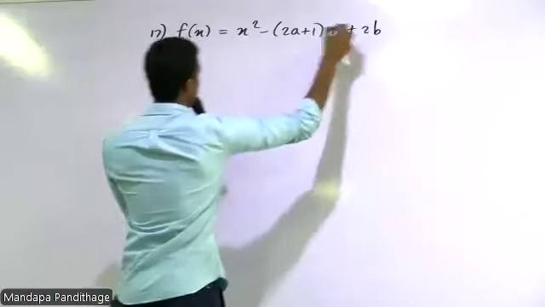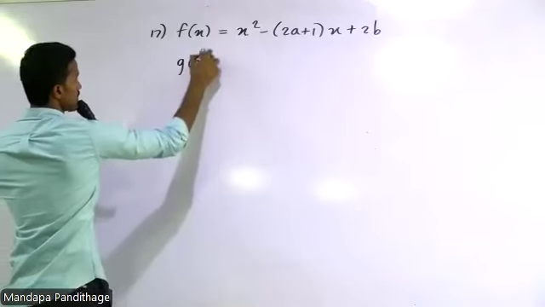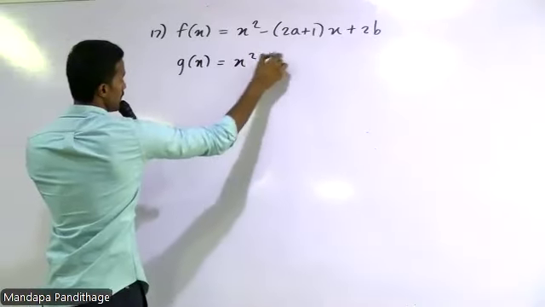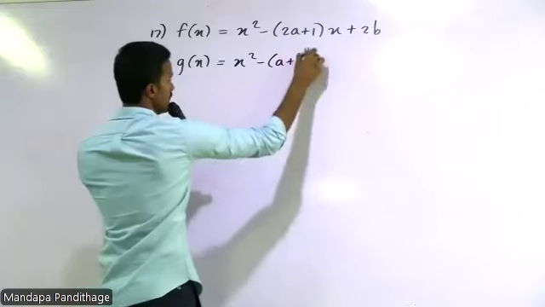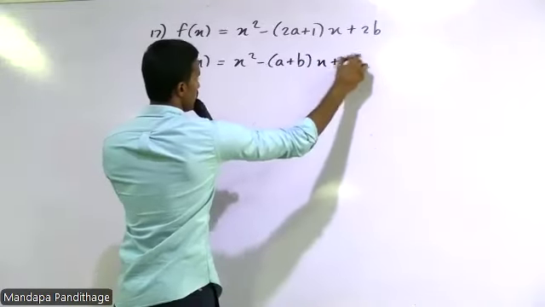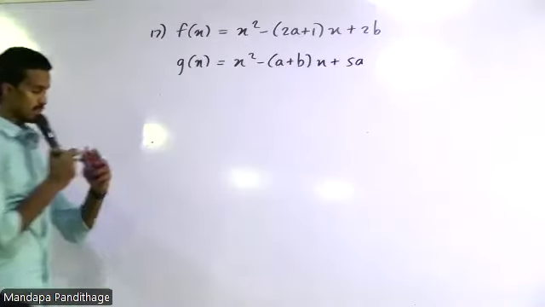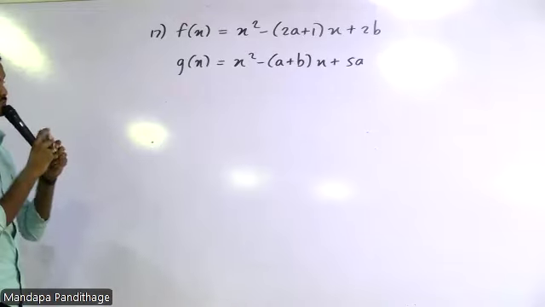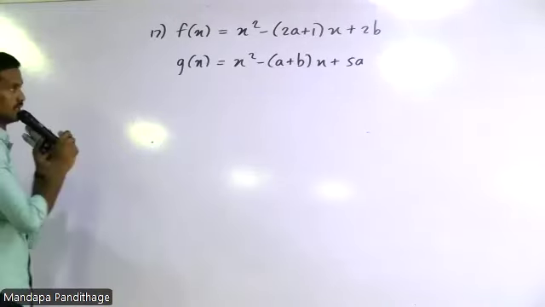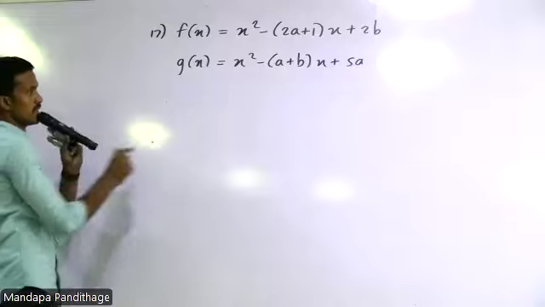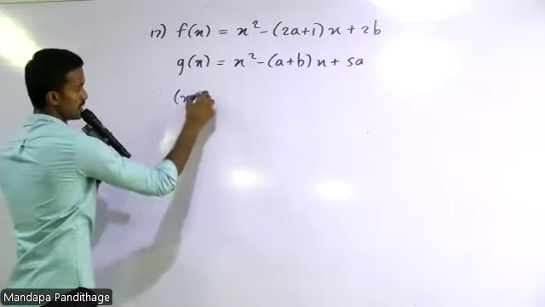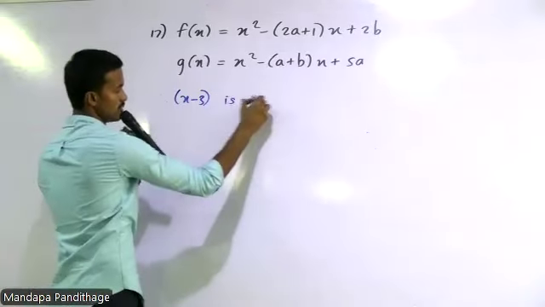And then I'll take g(x) is equal to x squared minus (a plus b)x plus 5a. And what is the common factor? They have given that x minus 3 is a common factor.